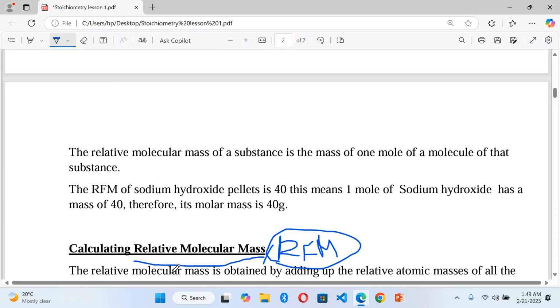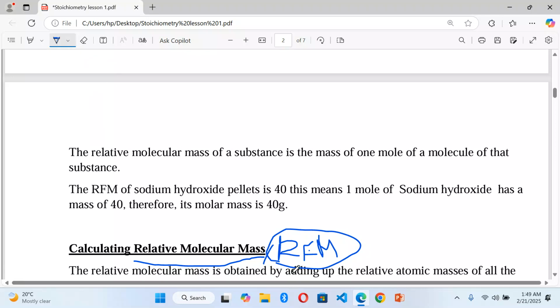So when it is a covalent compound, we use relative molecular mass. If it is an ionic compound, we use relative formula mass. I believe that is very clear. Let's see how we can calculate the relative molecular mass of a given substance.